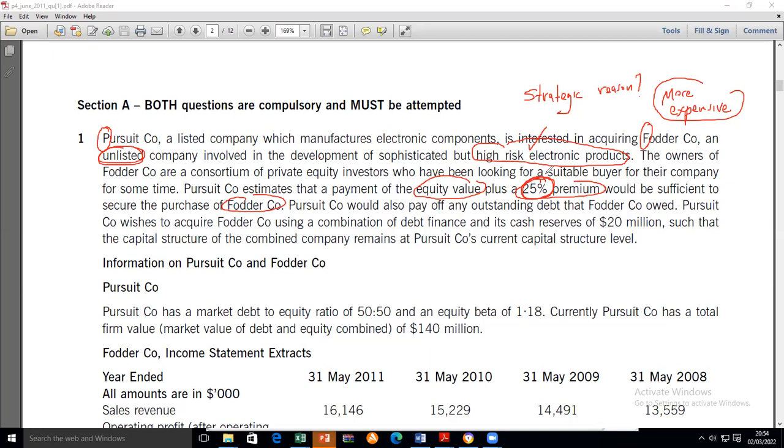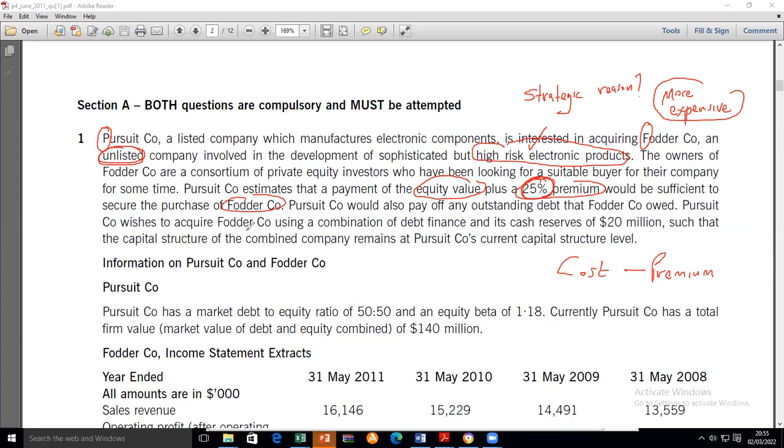When we talked about why many mergers and acquisitions fail, one of the things we addressed was the issue of cost, and this cost mainly comes from the premium. The premium is what creates this unnecessary cost, if you want. Because how do you recover that money? That is a question.